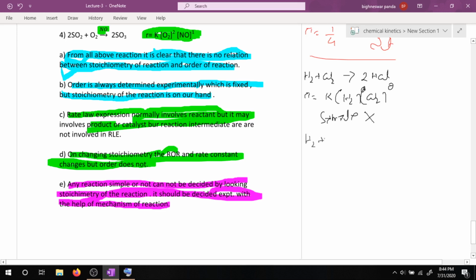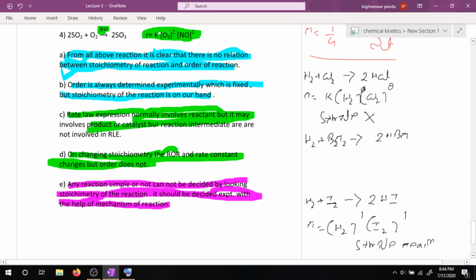Similarly, H2 plus I2 gives rise to 2HI. I can write here rate is equal to K [H2]^1 [I2]^1. This is a simple reaction. But in the case of hydrogen and chlorine, the rate is independent of the molar concentrations of hydrogen and chlorine. This is not a simple reaction.